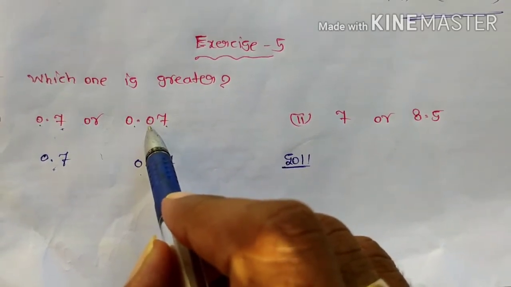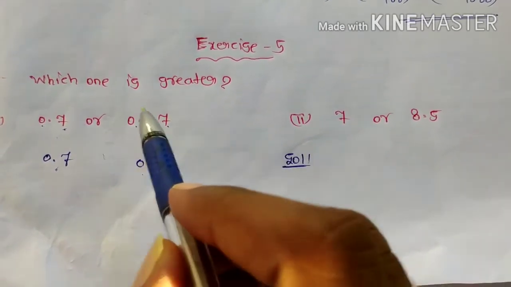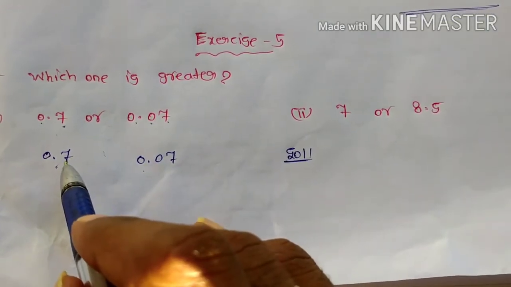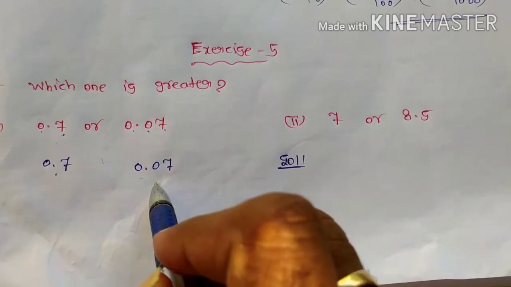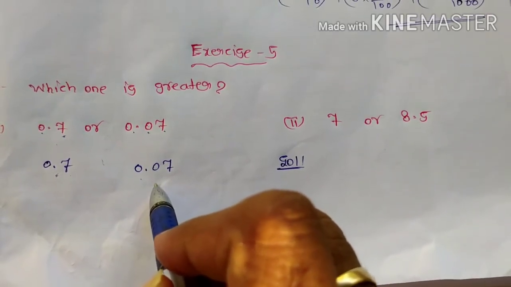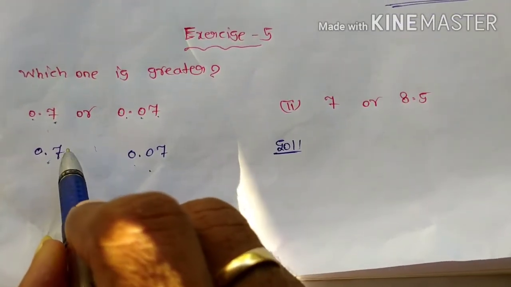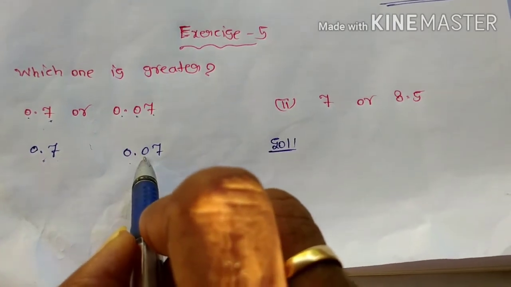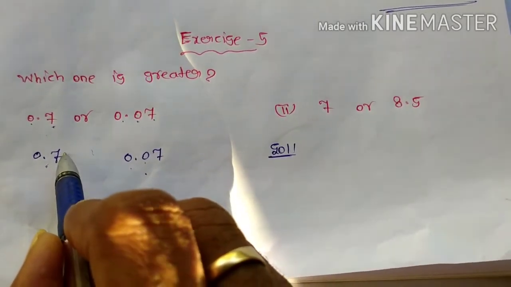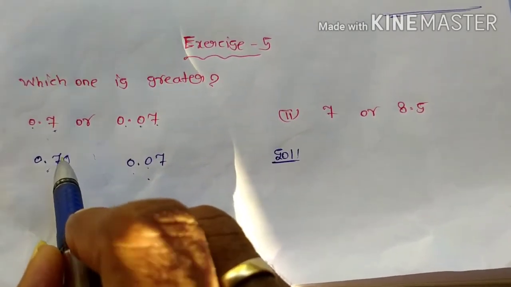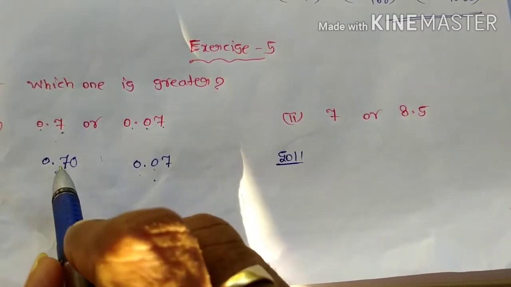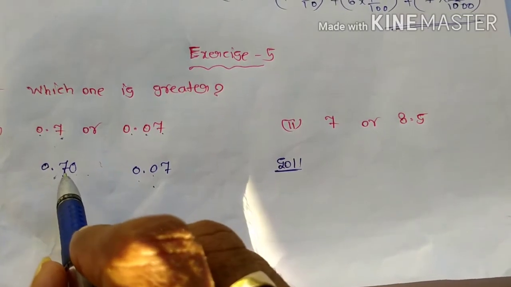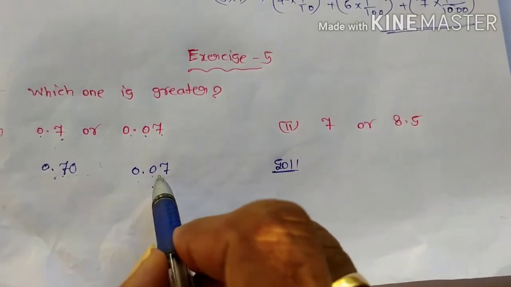So first of all we make both equal. I am writing that both should have the same number of decimal places. Just place 0 on the right side of the decimal number. See, you can write 0.70, and the other is 0.07.